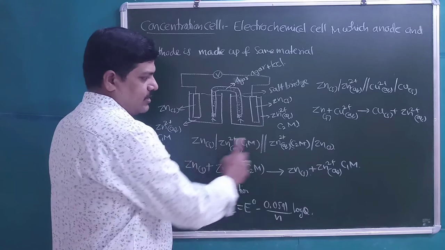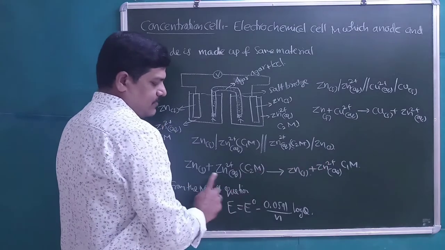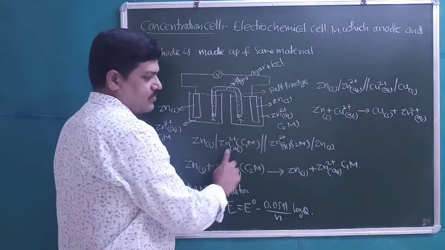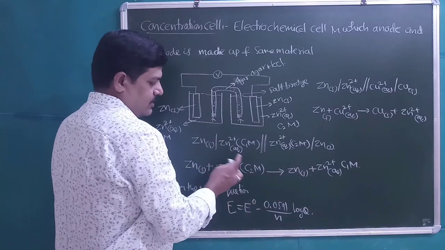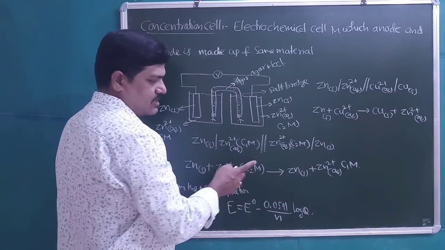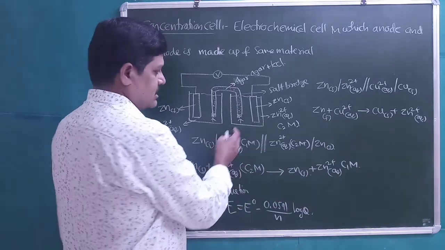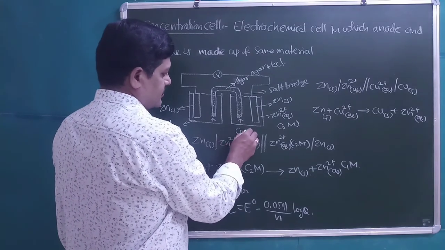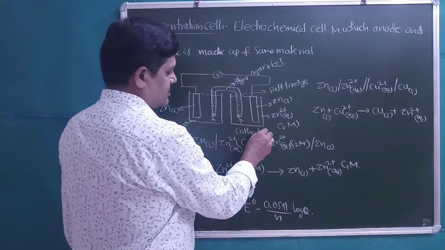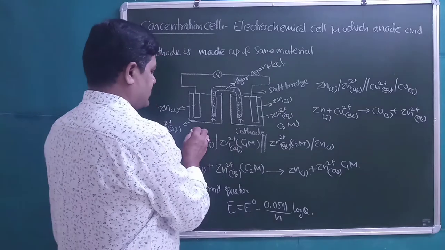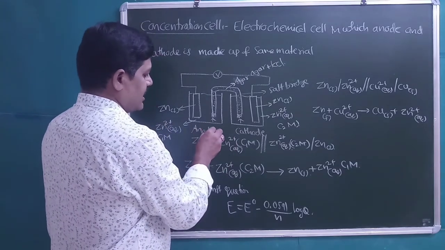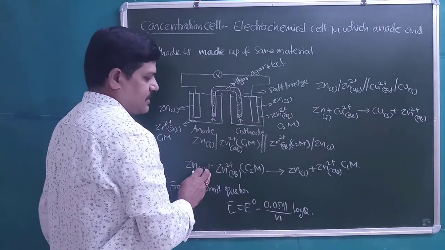Zn is converting into Zn2+ with 2 moles of electrons. Here Zn2+ is converting into Zn. Zinc is undergoing reduction at one electrode and zinc is undergoing oxidation at the other. This is the cathode. Cathode is an electrode at which reduction takes place. Anode is an electrode at which oxidation takes place.